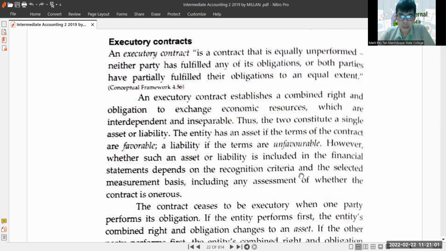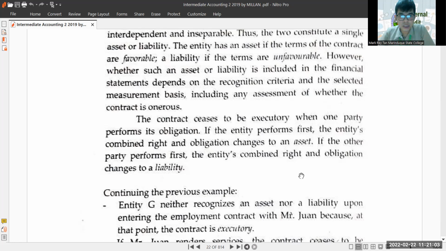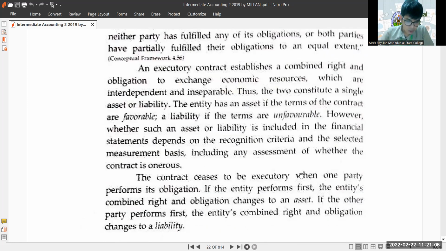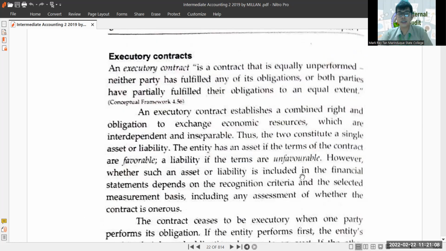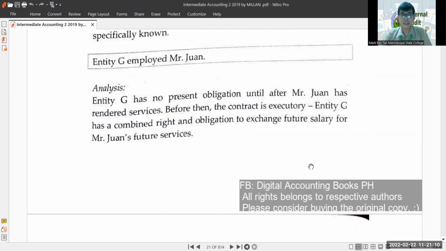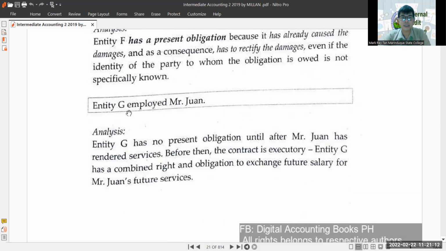Medyo mahaba ito, class. Explain ko na lang in my own words. Dito sa executory contract kasi, we have 2 parties. Si G as employer, si Mr. Juan as employee. Since dito, in-employ ko lang si Mr. Juan, wala pang obligation. Wala pa rin silang claim sa isa't isa.